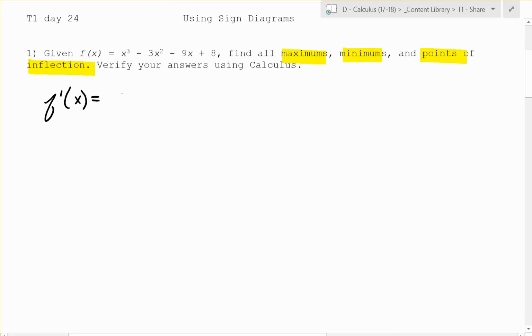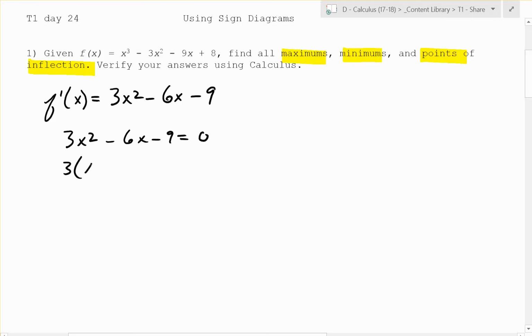The derivative we can find using the shortcut because this is a polynomial, so it's going to be 3x squared minus 6x minus 9. And now our goal is to find out where the derivative is equal to 0, because that's where a max or a min could occur. So we set the derivative equal to 0, and then we start factoring.